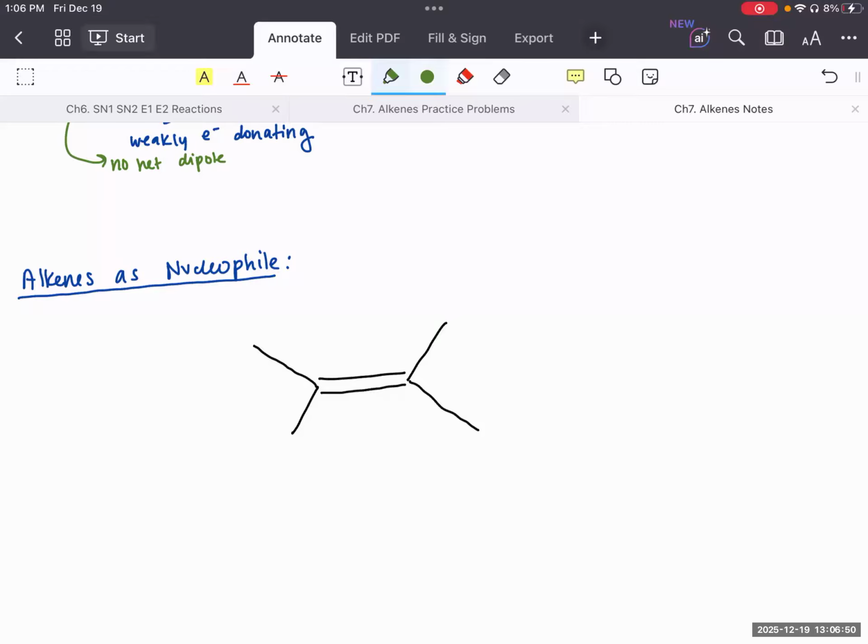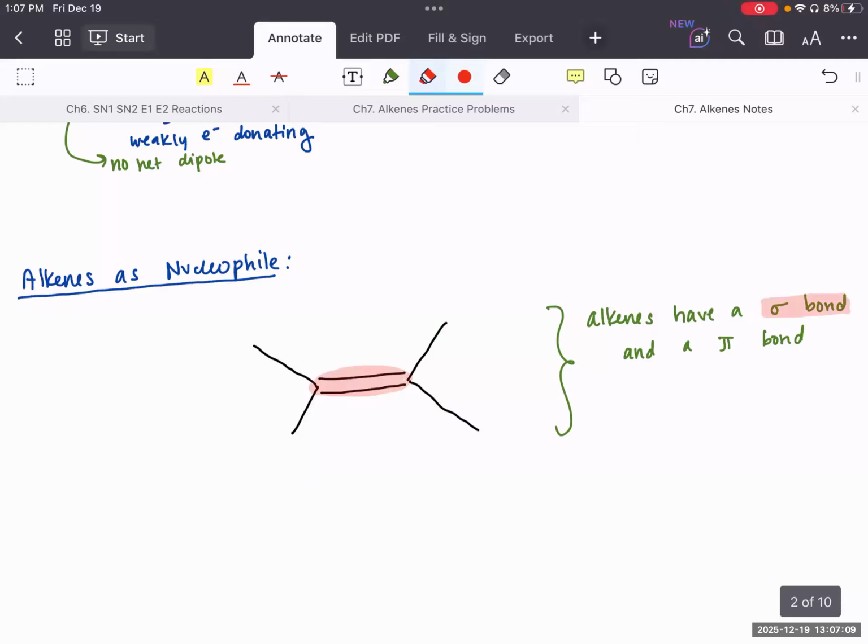All right, so we know that an alkene has two different types of bonds. We have a sigma bond and a pi bond. If we were to draw these out, we know that the sigma bond looks something like this, where it's kind of close to the middle of those two carbons. Now I'll highlight the sigma bond in red over here.